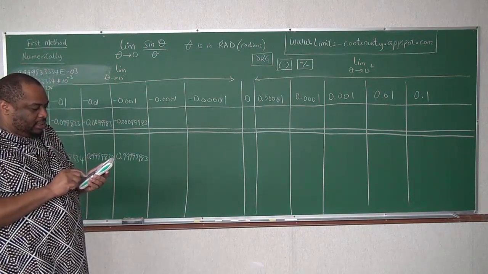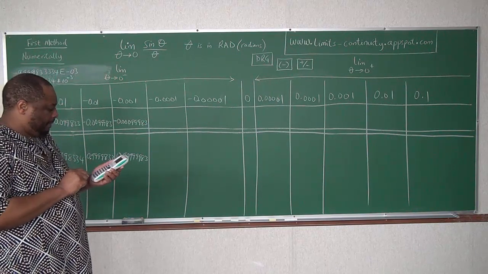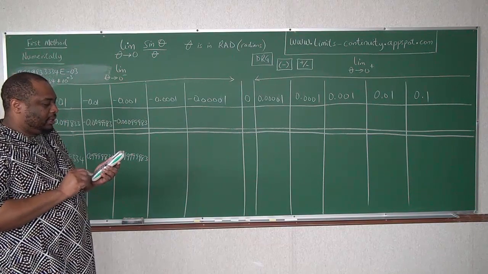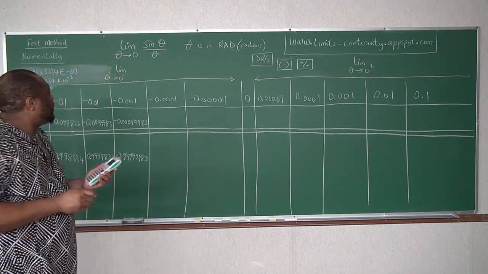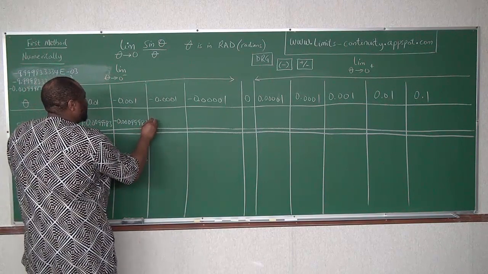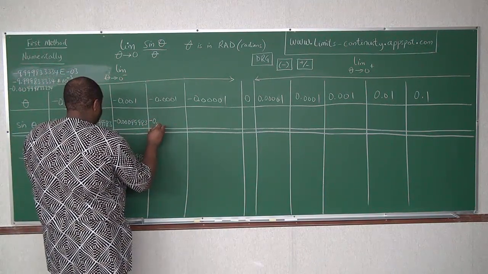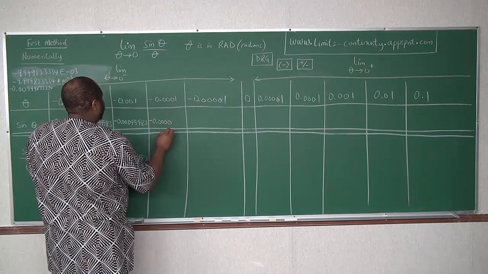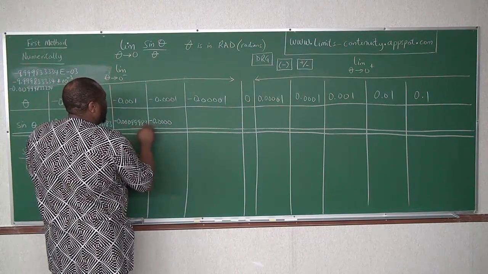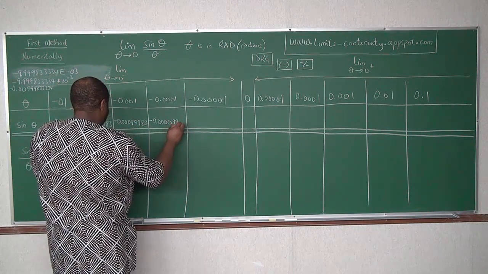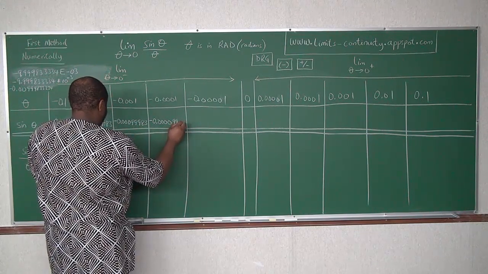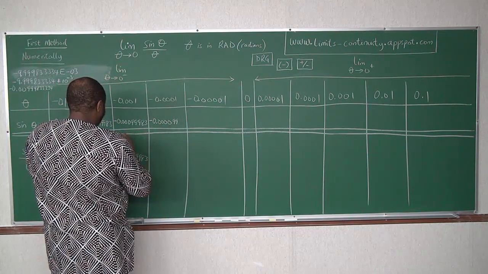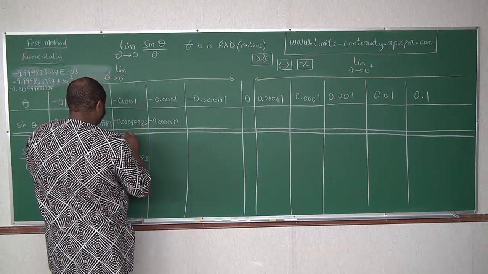Sine of negative 0.0001. And that gives us 5 zeros now. So this is negative 0.00001 2 3 4 5. Okay, 99.